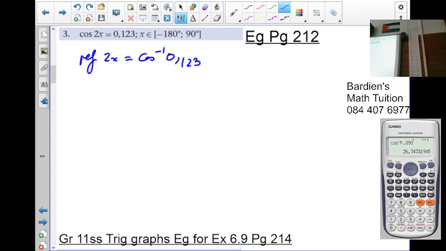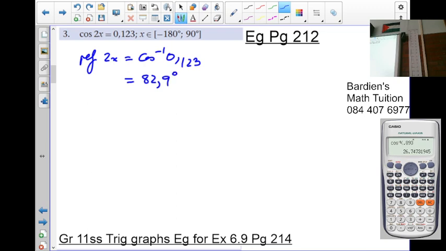So put that in the calculator. That's going to give you 82.9 degrees.